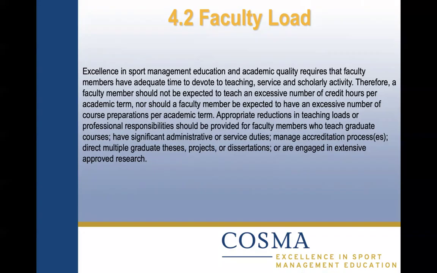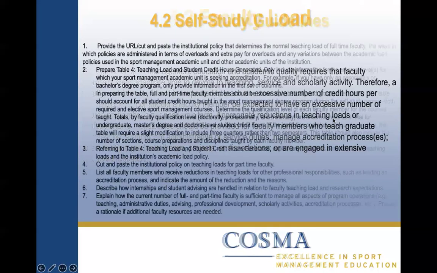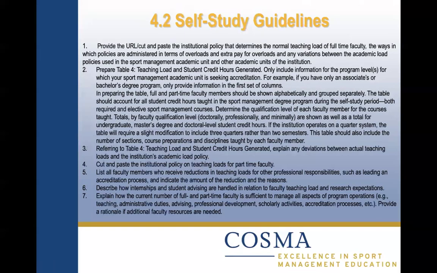So all of this is, of course, dependent upon the institutional focus, where you are and what's required of you and what those rules are. So this principle asks you to spell all of that out so that it can be clear to the Board of Commissioners. So you would include the typical teaching load of your full-time faculty.